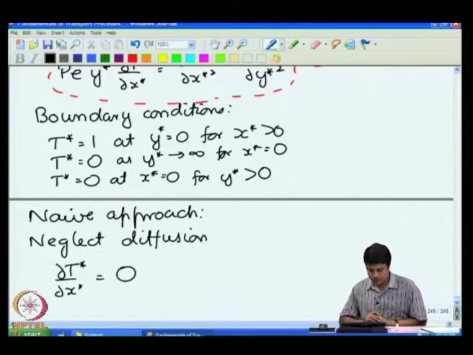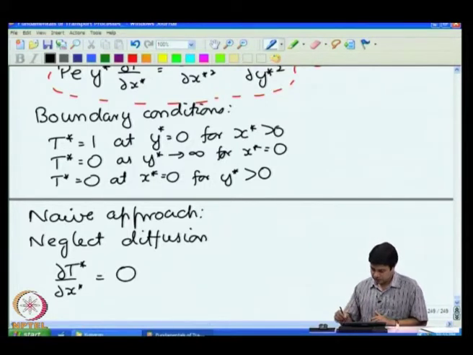Because if I neglect diffusion, then I just get Pe y star times dT by dx is equal to 0, and if y is non-zero and Peclet number is non-zero, then dT by dx has to be equal to 0. That means that the temperature is invariant in the x direction.